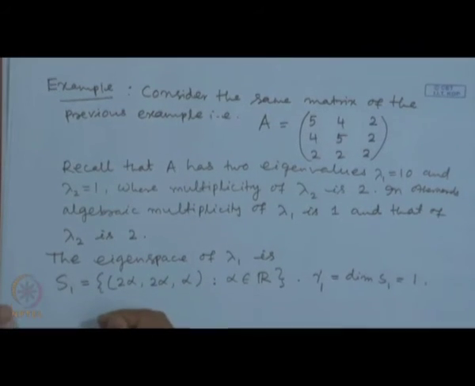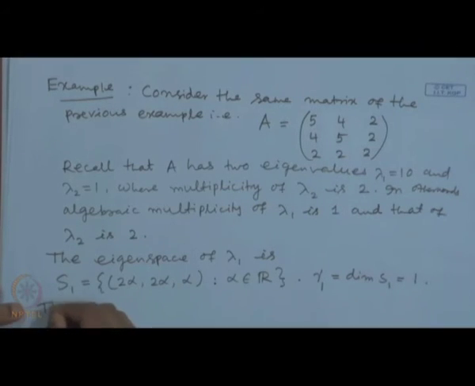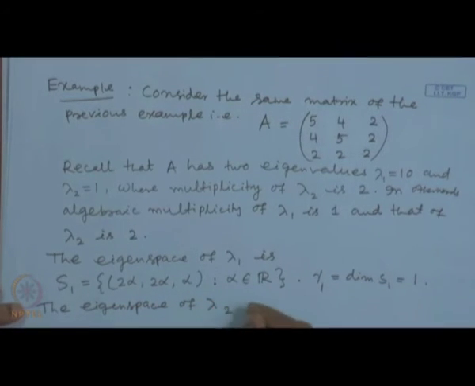Next we consider the eigenspace of lambda 2. The eigenspace of lambda 2 is the set S2.